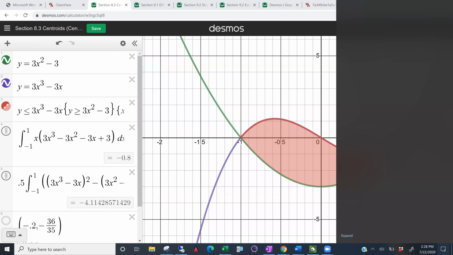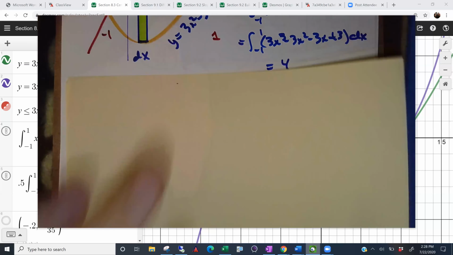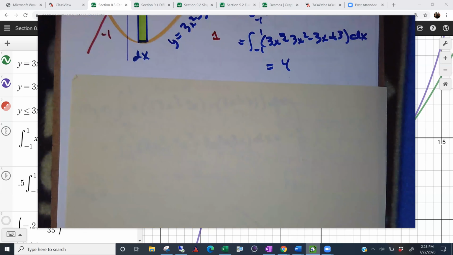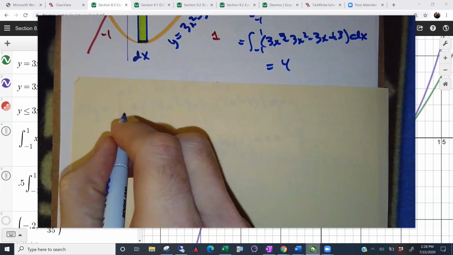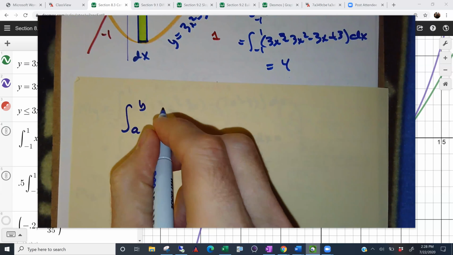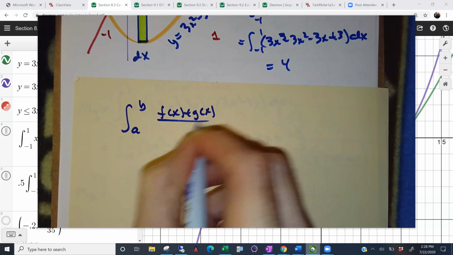And let me see if I can share that with you. I'm going to put that on a different sheet of paper here real quick. So we look at our integral from a to b of f of x plus g of x over 2 times f of x minus g of x dx.